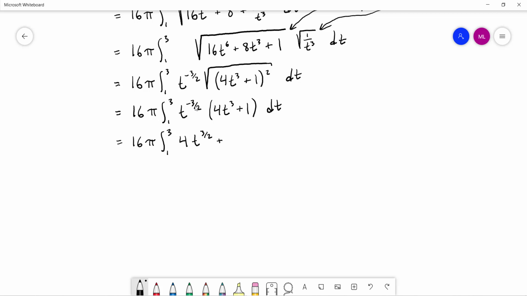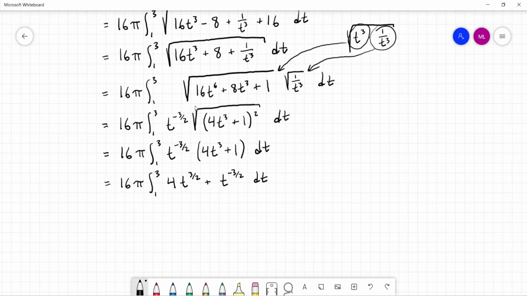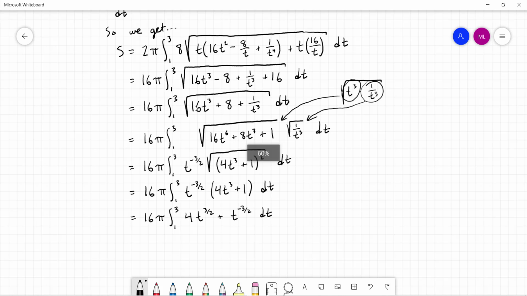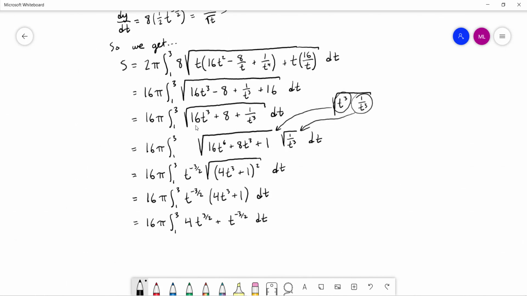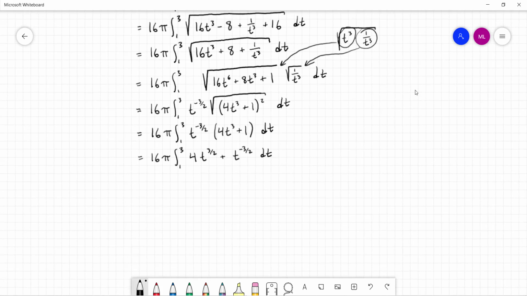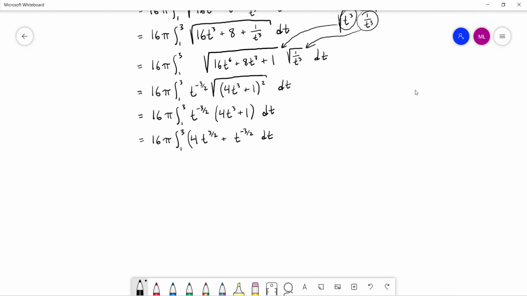Plus, when I multiply it by the 1, I'll get t to the negative 3/2 dt. So after all is said and done, this mess right here turned out to be the same as this mess right here. These two things are equivalent. Just took us some semi-unintuitive algebra to get there.